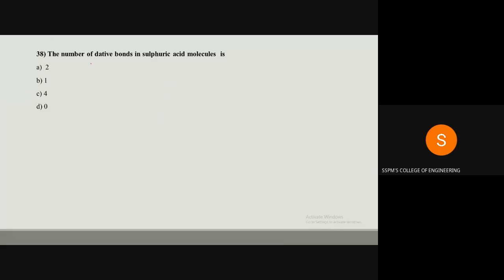So the number of dative bonds in a sulfuric acid molecule is? Dative bond means what? It is a coordinate covalent bond. Sulfur has valency 6, and this is the structure of H2SO4: sulfur, double bond oxygen, dash OH and OH.